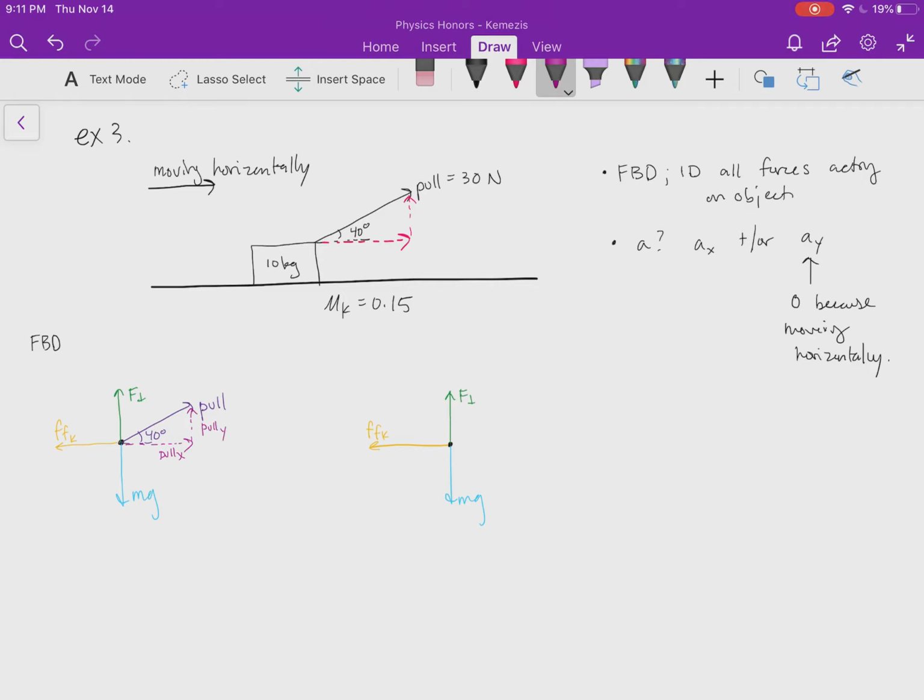So that is really what is going into the motion of this object. We have the pull y and we have the pull x.